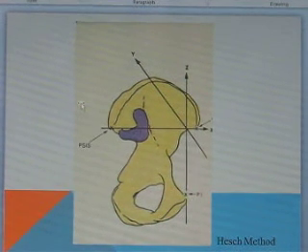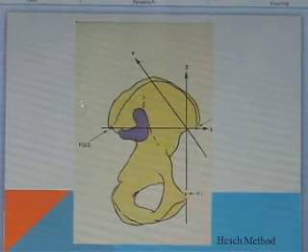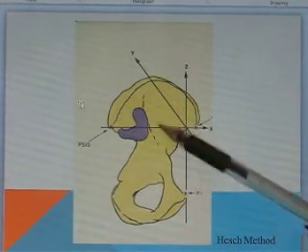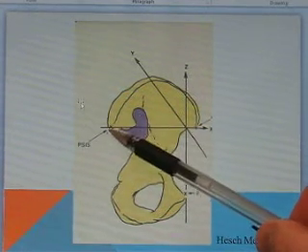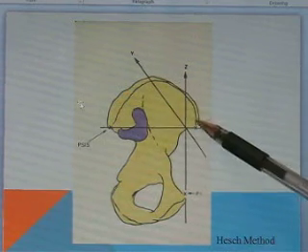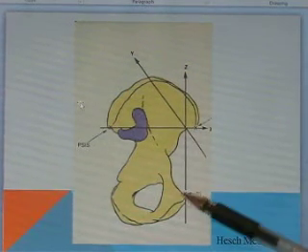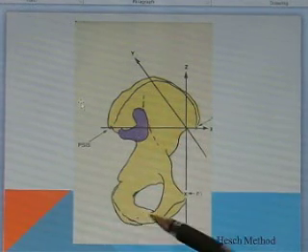Now this is an inside view of the left hemipelvis. So what we have here is the articular cartilage on the ilium, which is hyaline cartilage. So the PSIS is right here. Here's the iliac shelf, and here is the ASIS. The pubic joint is right here, and the ischial tuberosity is down here.